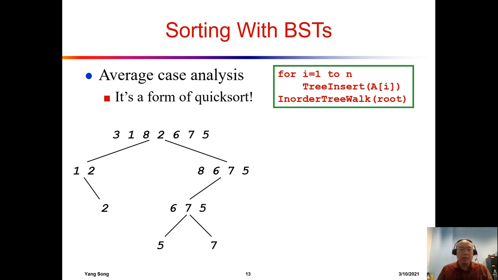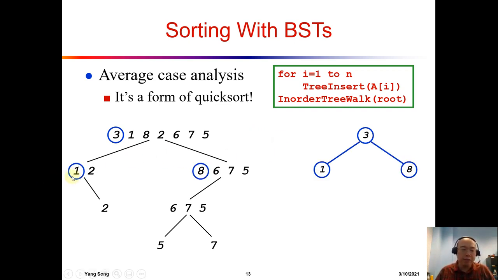So this is really similar. We just grab the 3, and use the 3 as a pivot, or the root of the binary search tree, and then we put all the values either on the left side or the right side. Since this one is the first value on the left subtree, this one will be the root of the left subtree.